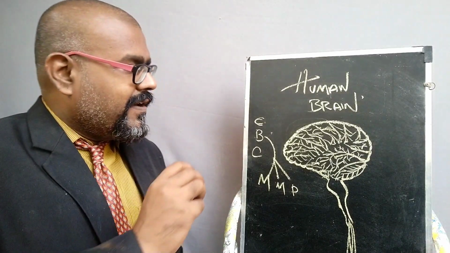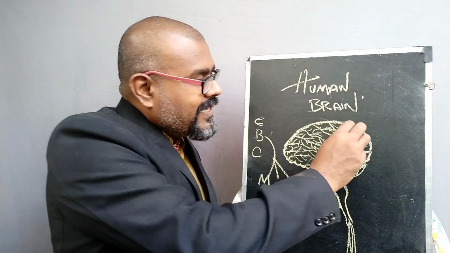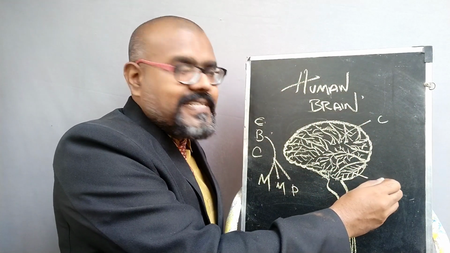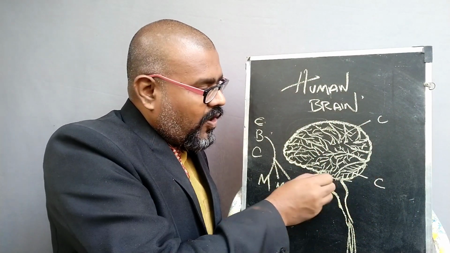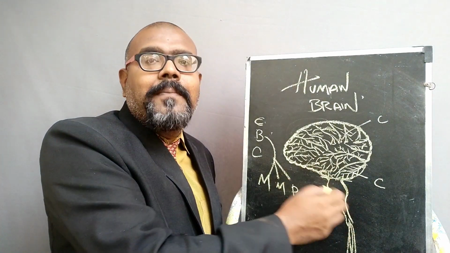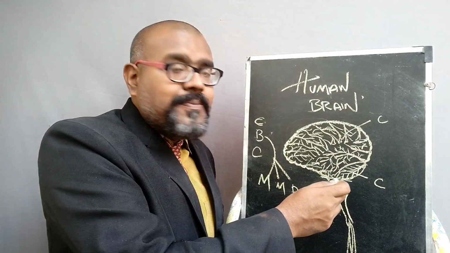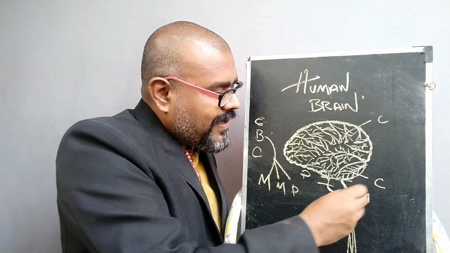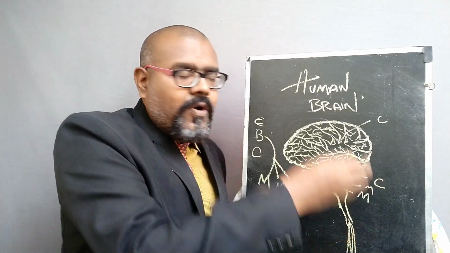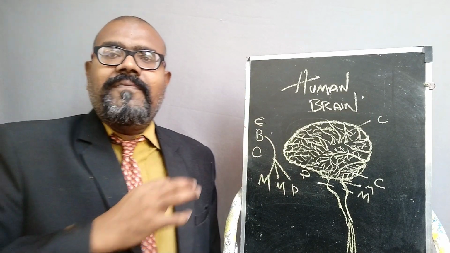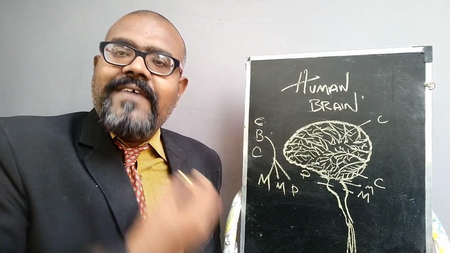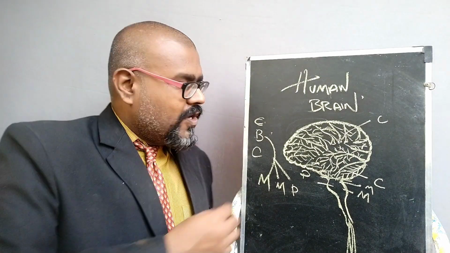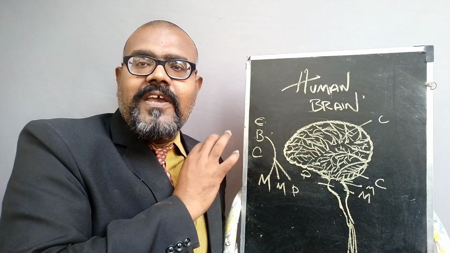Here in the diagram, this is a part of the cerebrum, this is the cerebellum, and all this part comes under the brainstem. The brainstem includes the pons, medulla oblongata and the midbrain. All these parts are very important, and they do many functions that we already discussed in the functions of the brain. So this is the main part of the human brain.